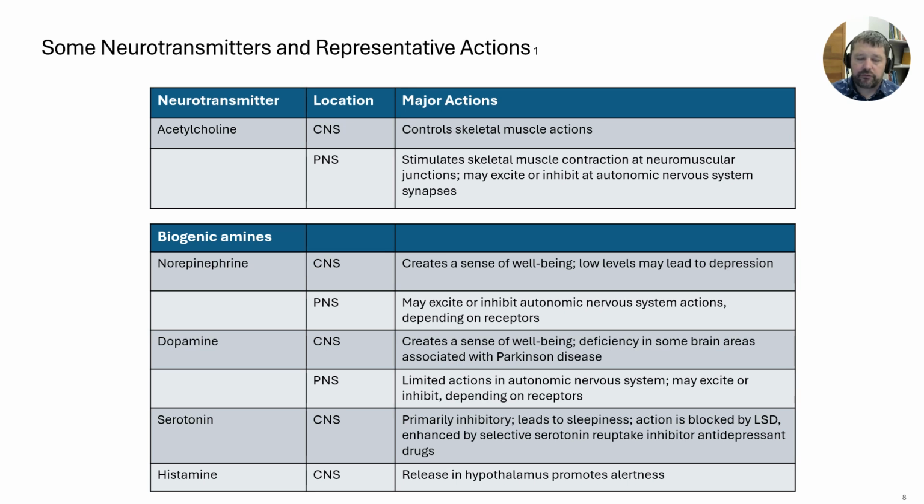Serotonin, again, this is what leads to sleepiness. Histamines, this is what often results in reactions to allergens and things like that, and promotes alertness, especially of the immune system. We'll come back and talk about histamine.